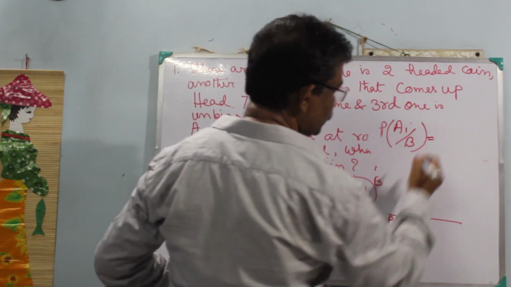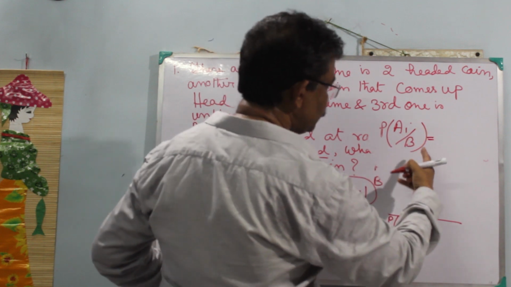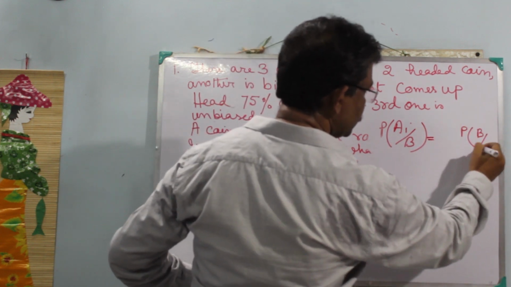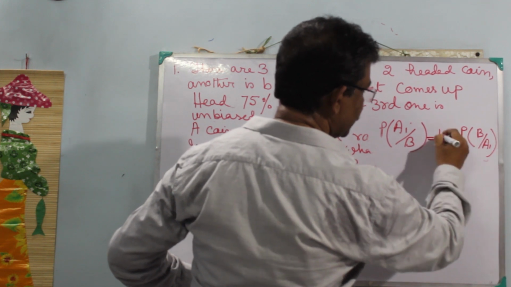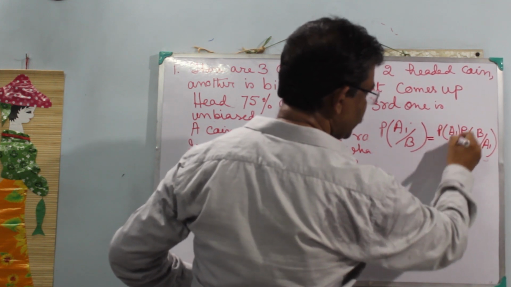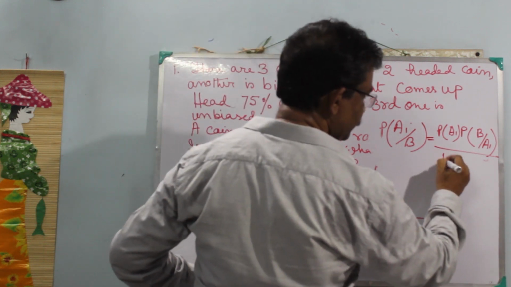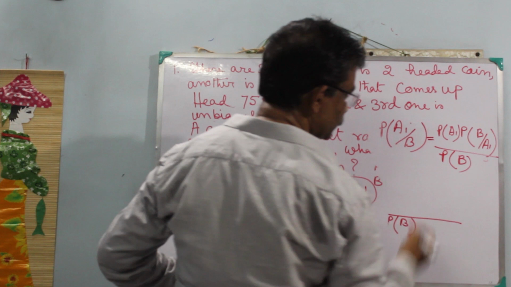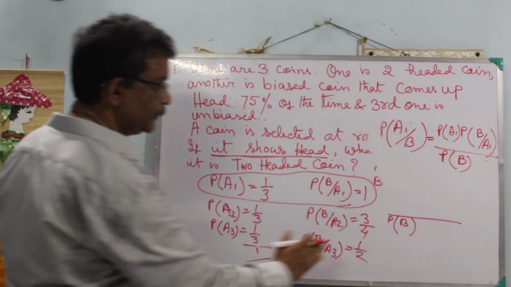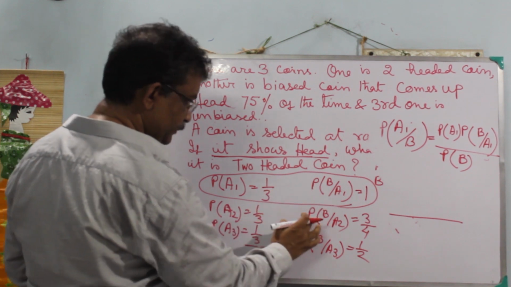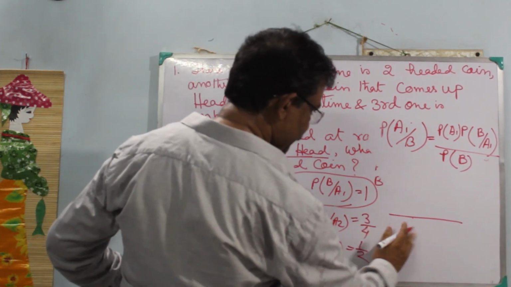So how will you calculate? First you flip this, that means probability of B when A1 multiplied by probability of A1, and the denominator would be probability of B. For the probability of B, this into this, this into this, this into this.